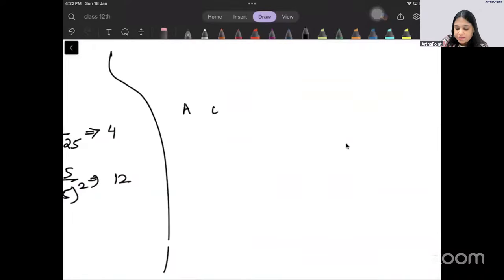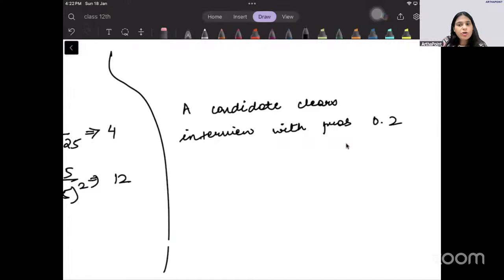So a candidate clears an interview with probability 0.2 and x is the attempt at which he clears his first interview.